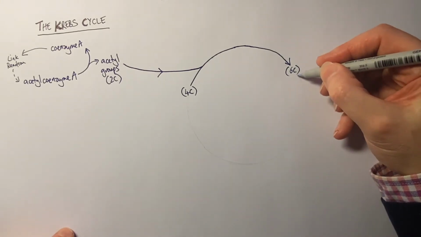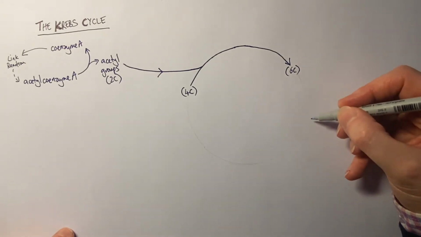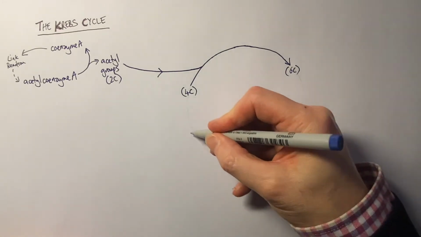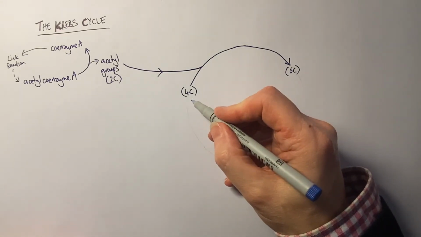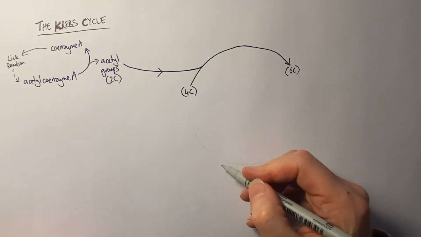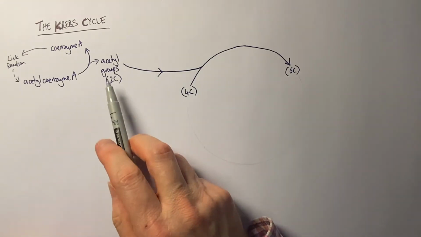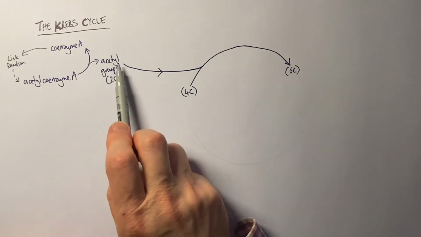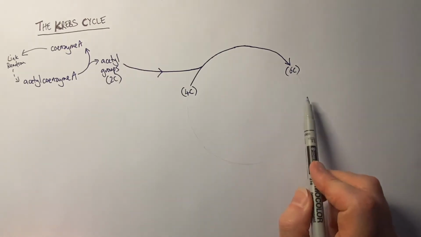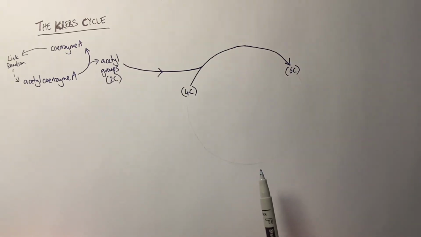What happens next is a series of chemical reactions that eventually lead back to that 4-carbon compound. But in the process, the hydrogen atoms that are in the acetyl groups are slowly going to be removed and given to coenzymes, which later on will be used to release energy to make ATP. But that'll be the next stage.